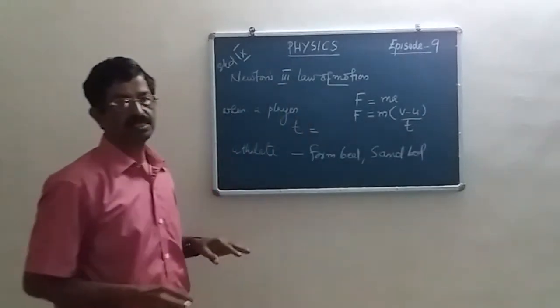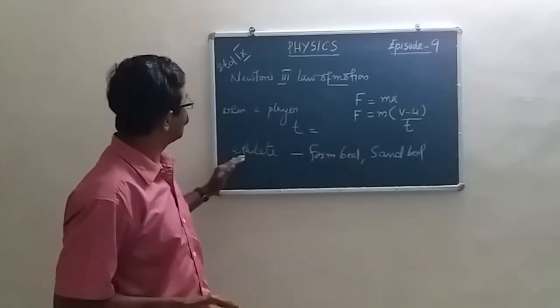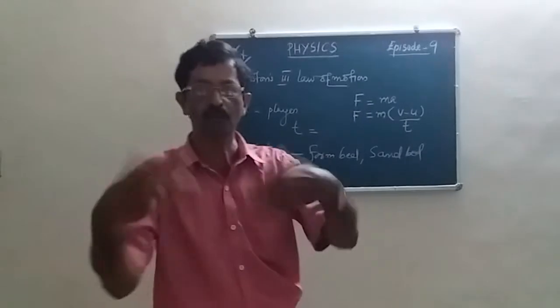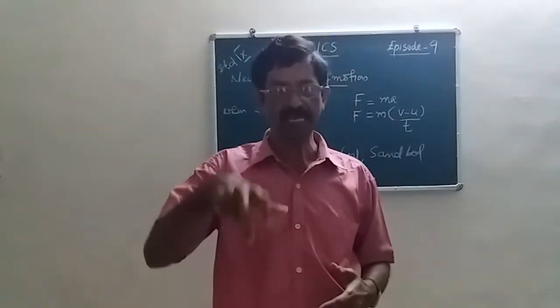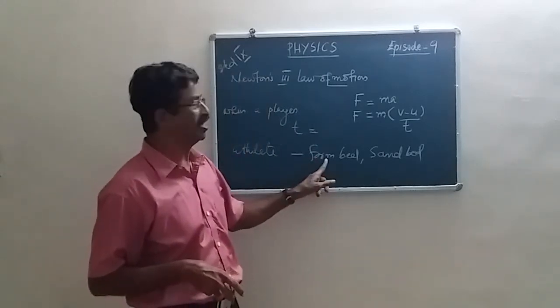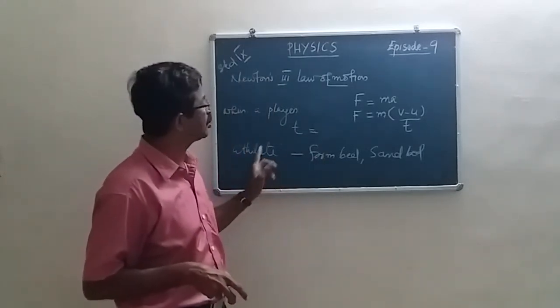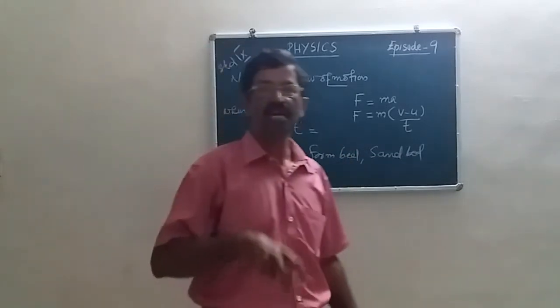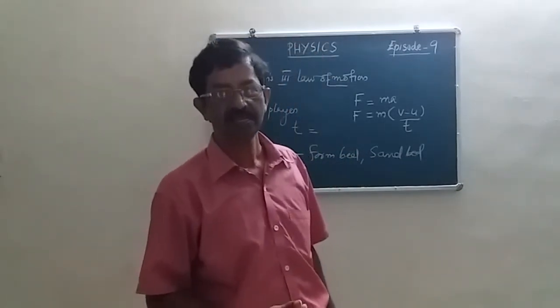Why is the foam bed used when an athlete does a high jump or pole vault? In a high jump they use a sand bed, otherwise they can use a foam bed. What is the merit of using it?